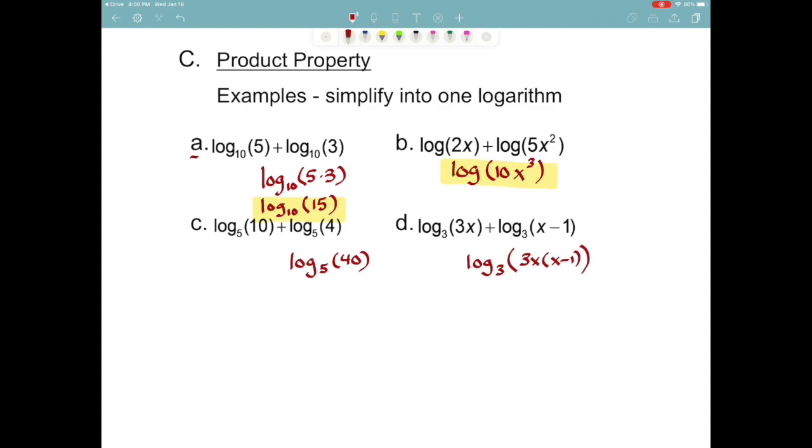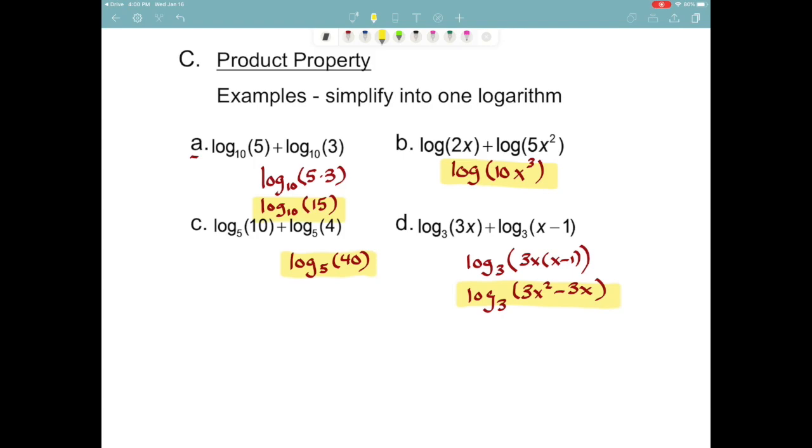Remember, you're taking the log of all of that, or it's safe to say you can go ahead and distribute it if you want to. Log base 3 of 3x squared minus 3x. So those are our answers there.